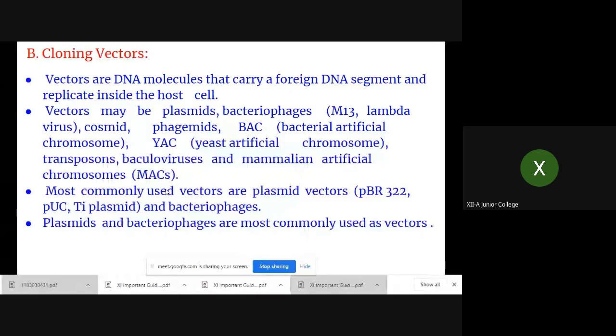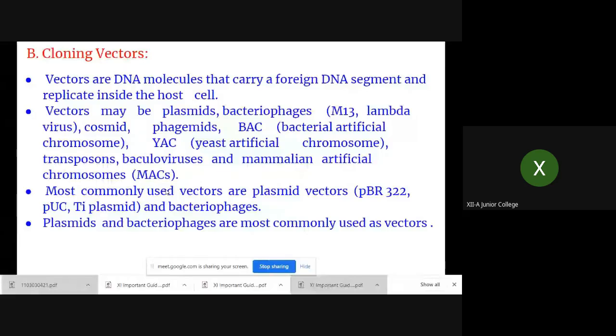So first, they are capable of carrying the foreign DNA segment, and along with that they can replicate on their own. They can show self replication. You know what replication means? This word is used for DNA, meaning formation of exact copies of itself. So they can replicate inside the host cell.